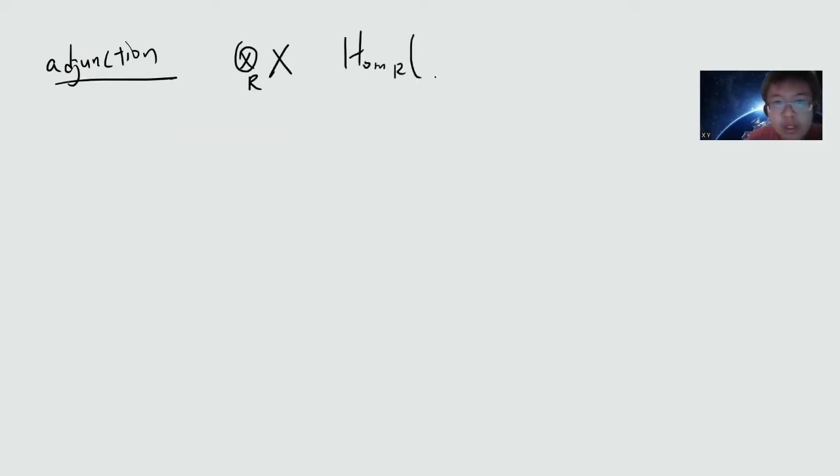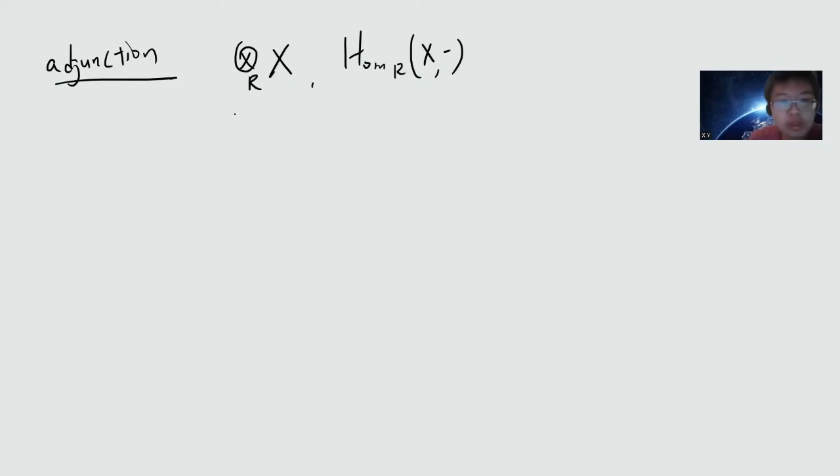So there is an idea called adjunction. Basically, if you take the tensor functor and Hom, these are adjoint to each other.